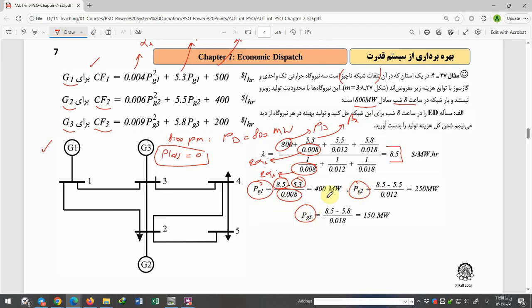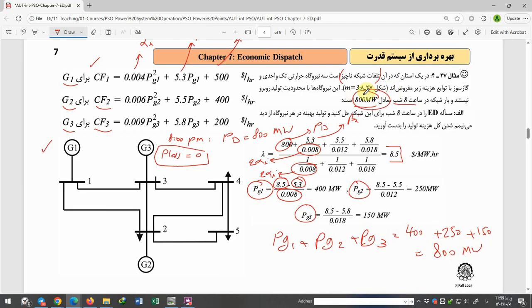And if you add PG1 plus PG2 plus PG3, you can find 400 plus 250 megawatt plus 150 megawatt, that is 800 megawatt.